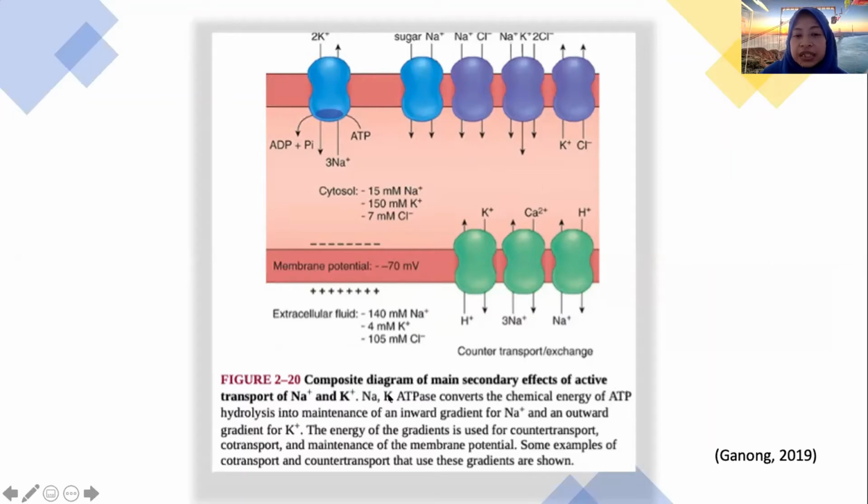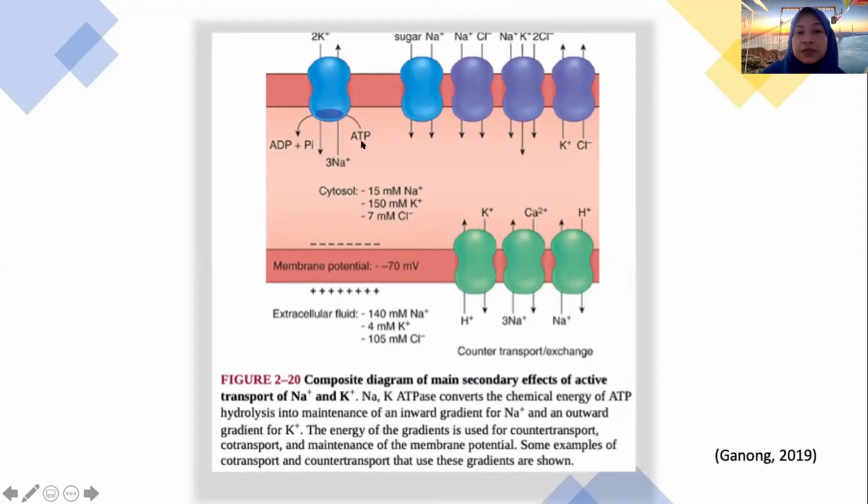This is the main pump or protein carrier, which moves 3 sodium out and 2 potassium into the cells. And this transport itself is an active transport because it utilizes energy in the form of ATP.